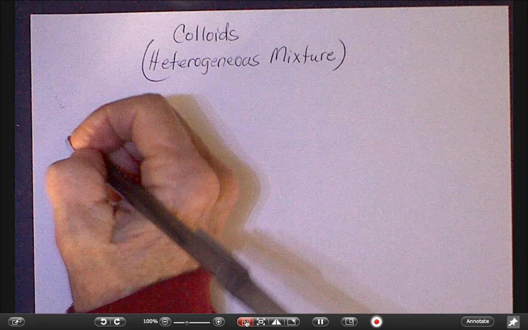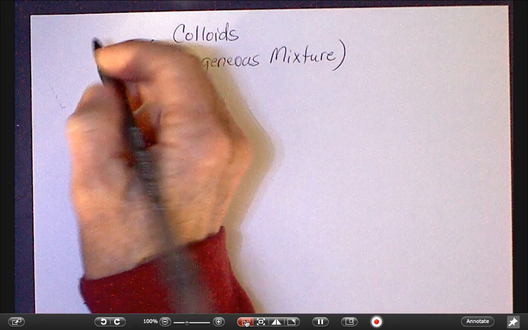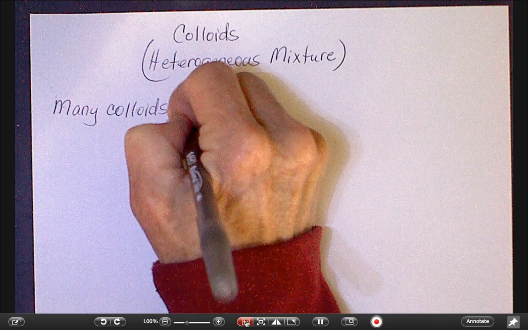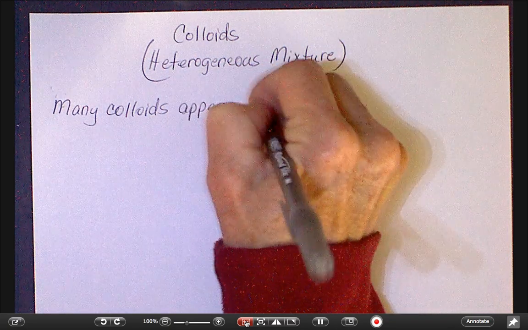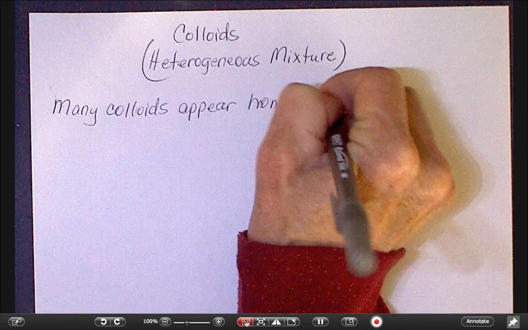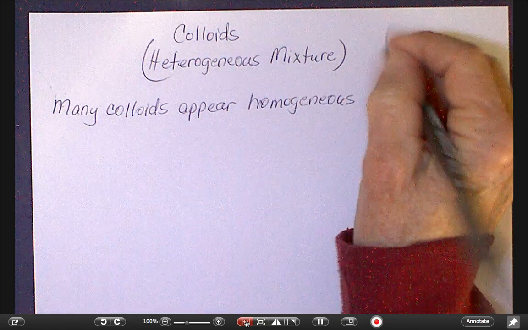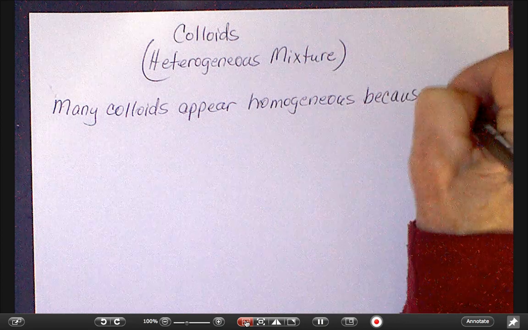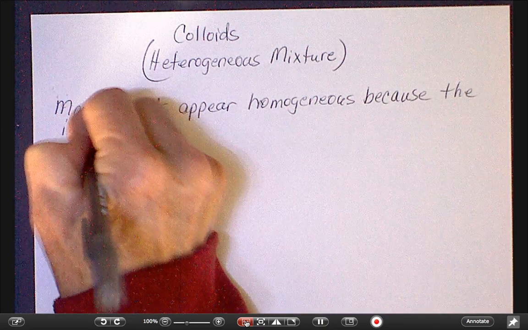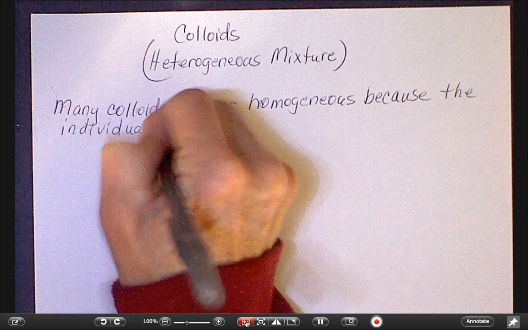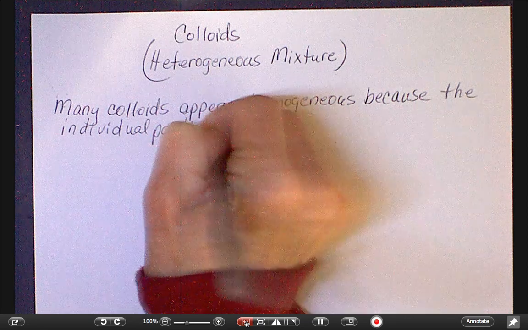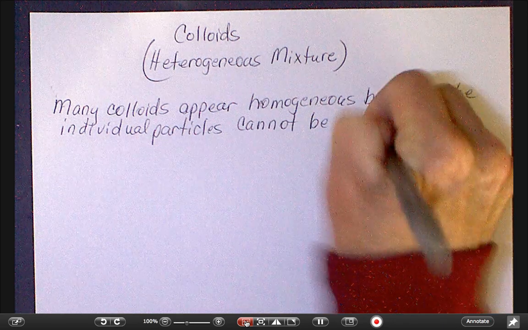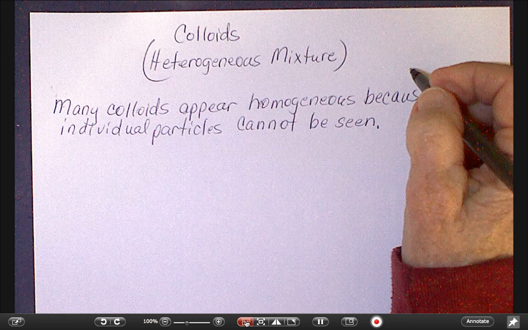Okay. Many colloids appear homogeneous because the individual particles cannot be seen. The particles are, however, large enough to scatter light.